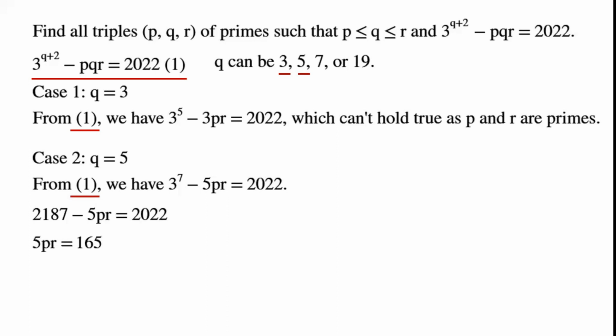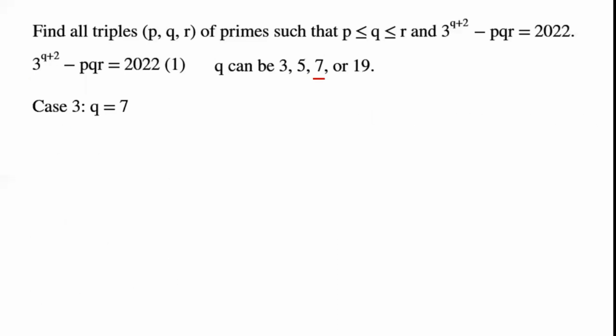By rearranging the equation, 5PR equals 165. So PR equals 33, which can be written as 3 times 11. So P equals 3, R equals 11, as P is less than or equal to Q is less than or equal to R.